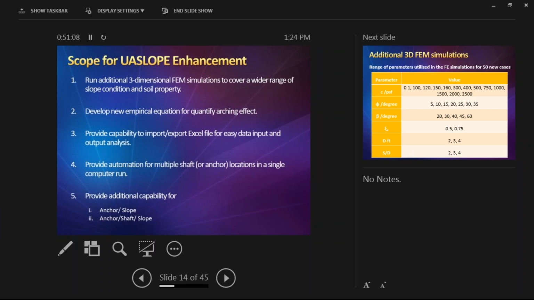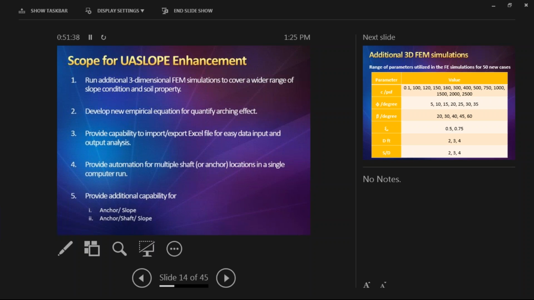The other important enhancement is to provide a capability to allow engineers to interface with Excel files. Engineers may want to prepare all the input files using Excel, and they can then import that data file directly into the UASLOPE program without the need to go into the program interface to re-input all the information.